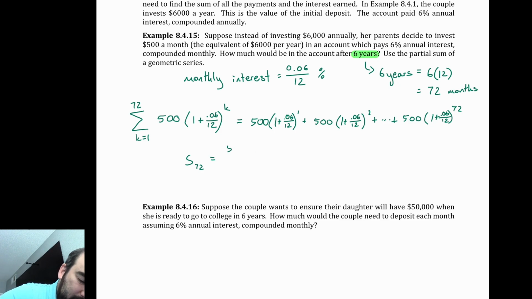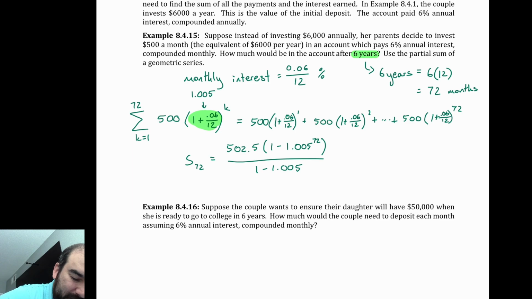I don't know why I wrote it up there. Oh, I know why. 502.5 times 1 minus r, which is, if you evaluate one of these, I guess we can evaluate this one here. This one evaluates to 1.005. So 1.005 to the 72 power divided by 1 minus 1.005.